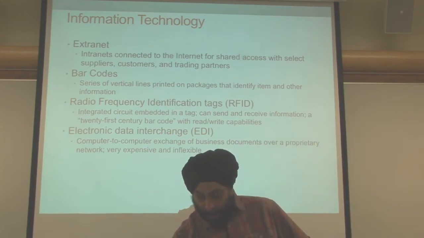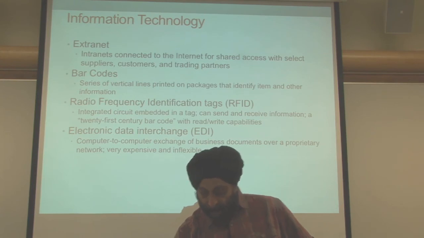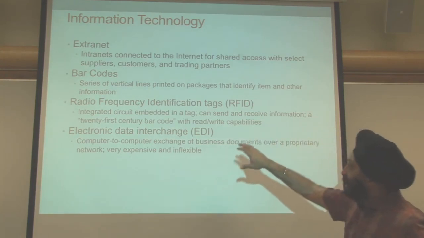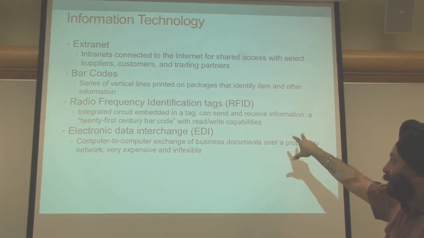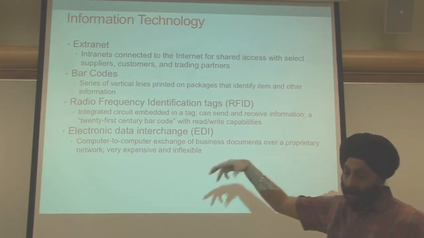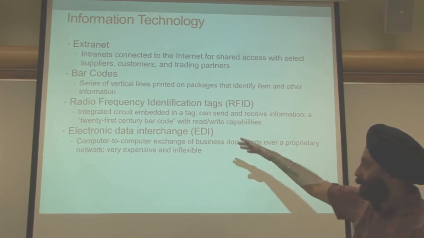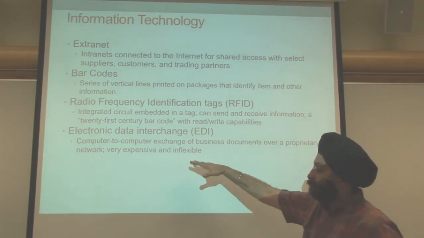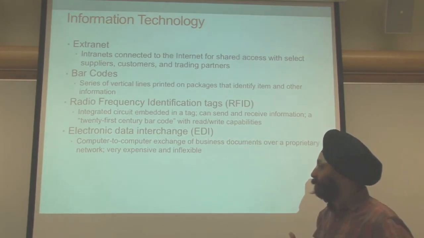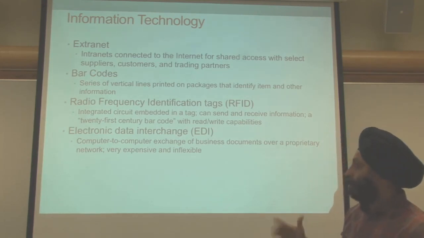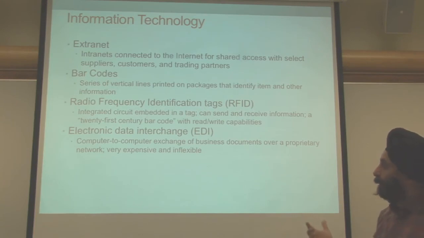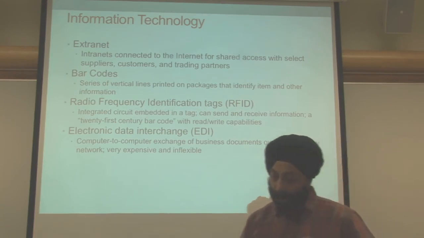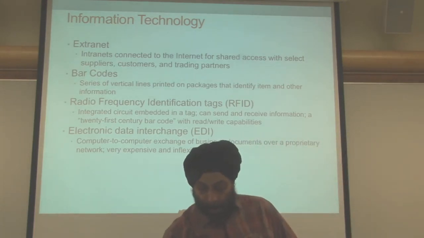And in this case, radio frequency ID tags, RFID, an integrated circuit embedded in a tag, can send and receive information. And in a later chapter, we'll discuss it in more detail. EDI, electronic data interchange, is used a lot in computer-to-computer exchange of business documents. It's very expensive and inflexible, typically because it's on a proprietary network.